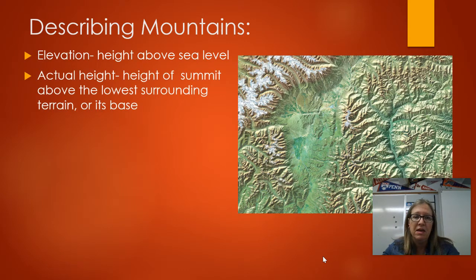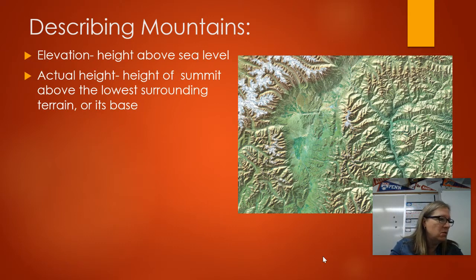The actual height of a mountain is the height of the summit to the lowest point of the surrounding terrain. Okay, so we talk about the elevation of Mount Everest, and it has an overall elevation of about 29,000 feet, okay, about 8,800 meters, okay? But its actual height is much less than that.